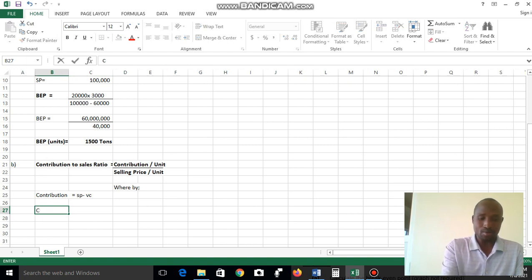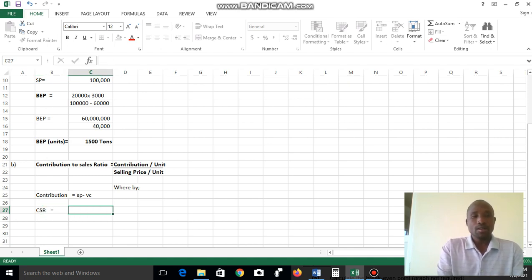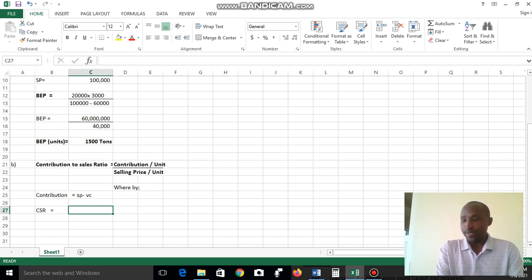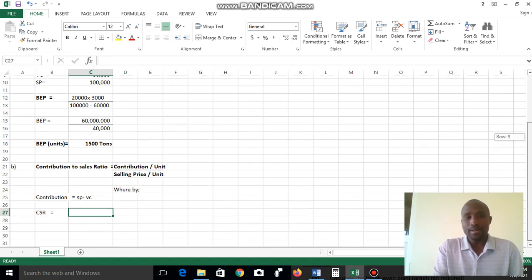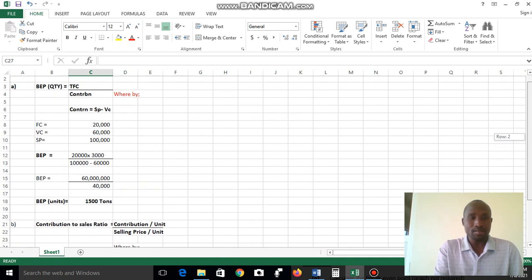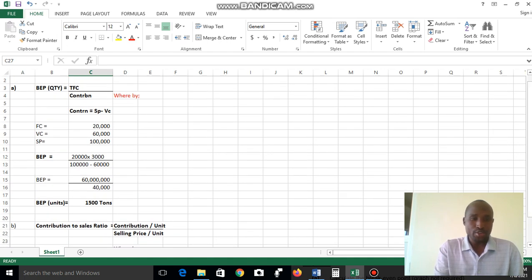This is what we call the contribution to sales ratio. We said contribution is equal to selling price minus unit variable cost.